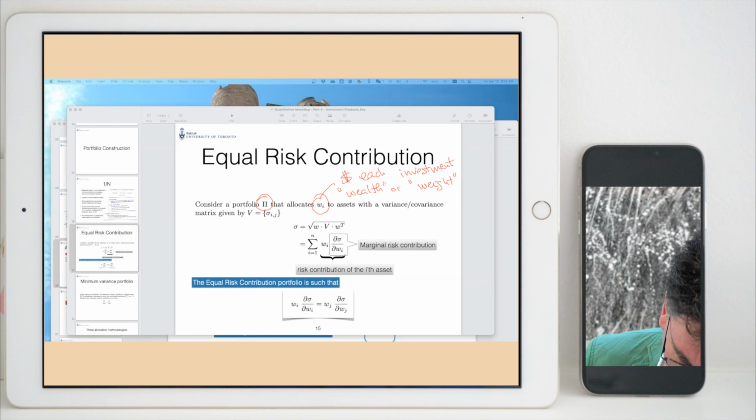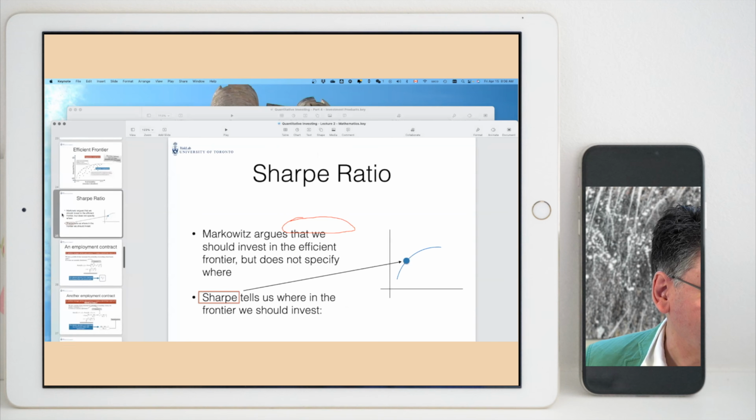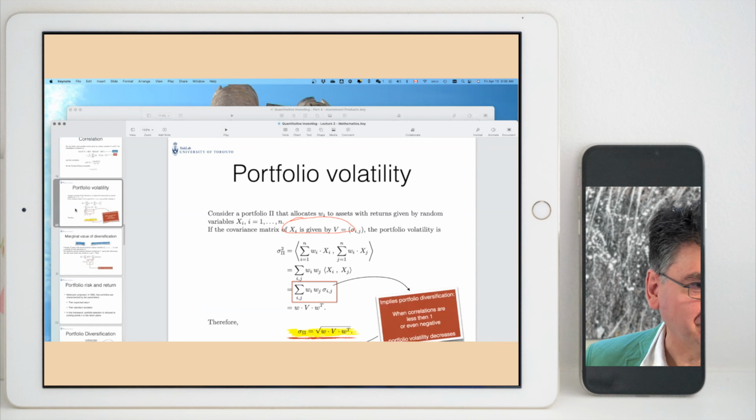And now we saw this formula. We saw that the portfolio volatility was the square root of the weights times the variance-covariance matrix times the weight vector transposed. We saw this earlier, I remind you. So today I have to go back between these two lecture notes. It was right here. Remember?